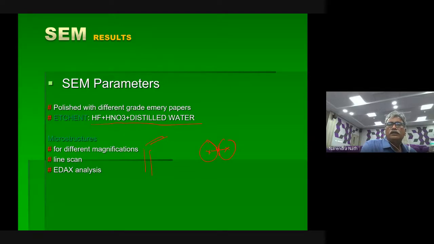Now from this grain center to this grain center, across the boundary, what is the composition? If it is nickel, if it is titanium, how does it vary? Does it go high and then come to a level like this? The nature depends on what percentage is there. Accordingly, it will show. And index analysis.